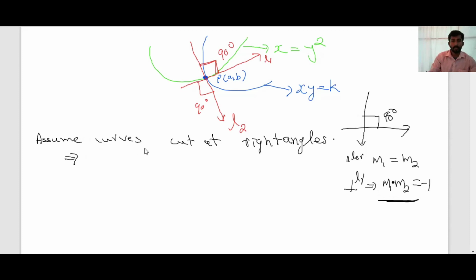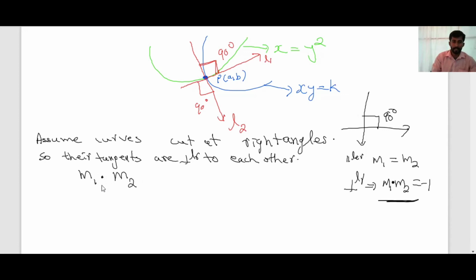Here you are assuming curves cut at right angles. That implies their tangents are perpendicular to each other. I'm taking m1 as the slope of the first tangent, m2 as the slope of the second tangent, then m1 into m2 is equal to -1. For x equal to y square, this tangent I'm taking slope equal to m1, and for xy equal to k, this tangent L2 is there, taking its slope equal to m2.